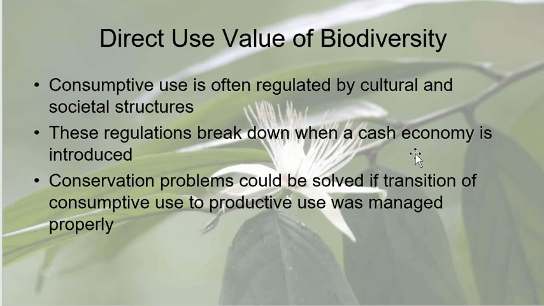So this transition from a consumptive use of biodiversity to a productive use of biodiversity needs to be managed properly. So I've introduced another term there, productive use. Well, consumptive use, you know what that is. Productive use is taking a product from a natural ecosystem, biodiversity, and selling it in a market.